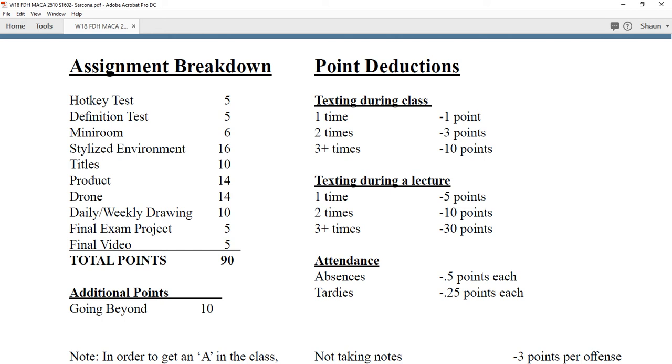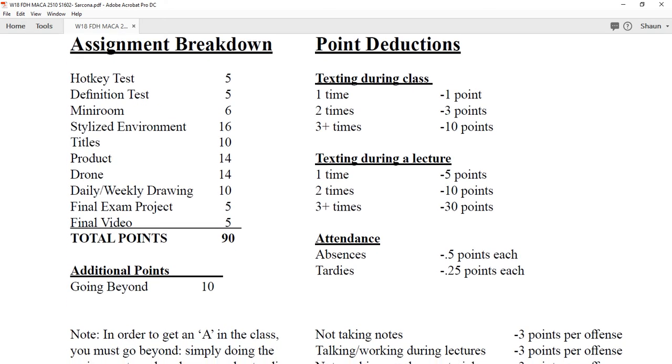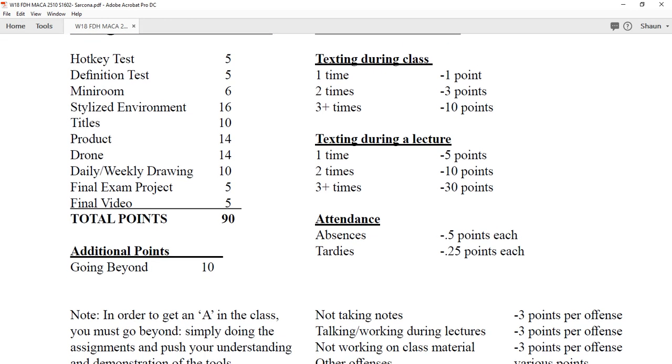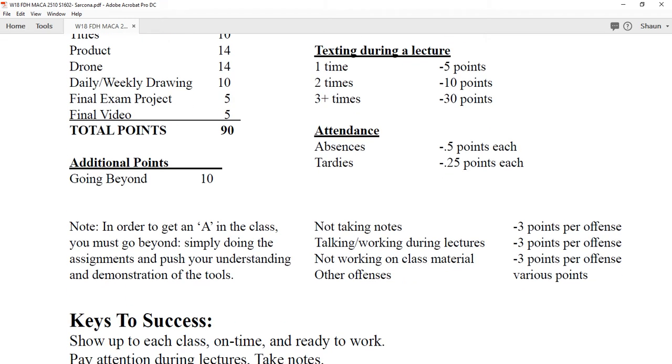Texting during a lecture, that's a big no-no. I had someone do that, he was in 2 classes back-to-back, texting the entire time I lectured. And then right after the lecture was over, what are we doing? What do you think we're doing? Not texting. If you're absent, half a point removal from your grade per absence, and tardies, 0.25 points removal.